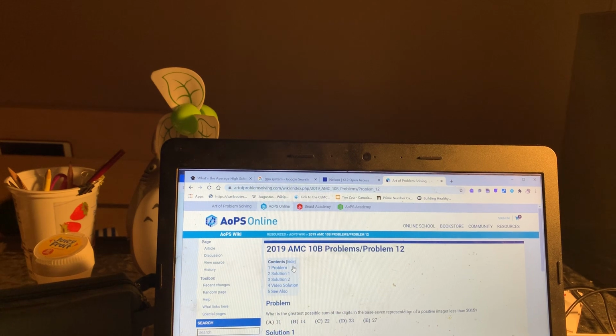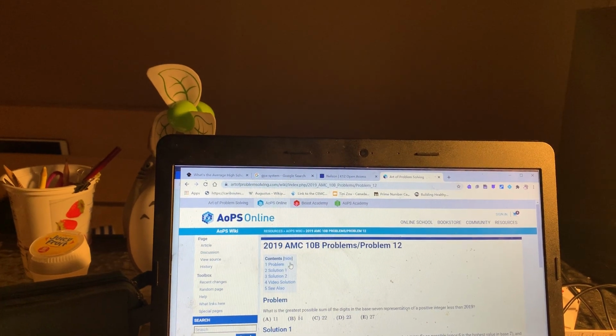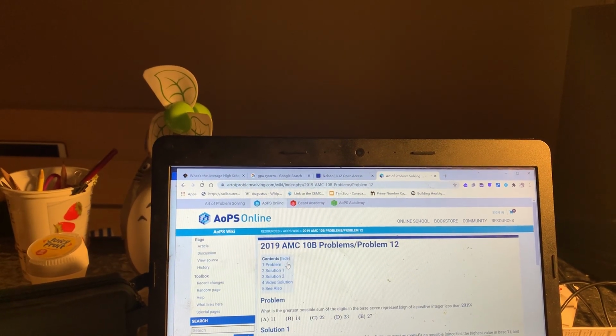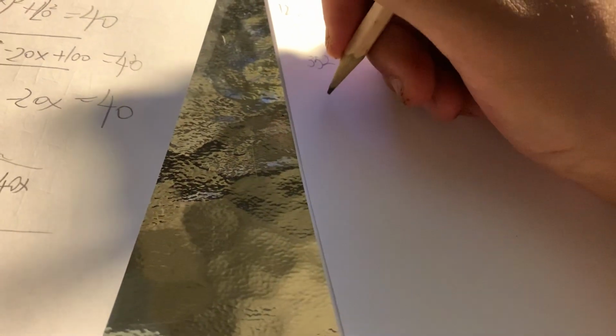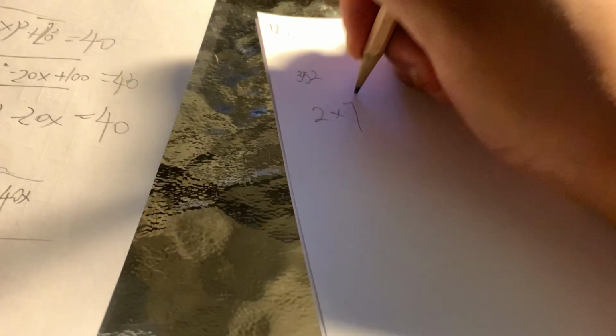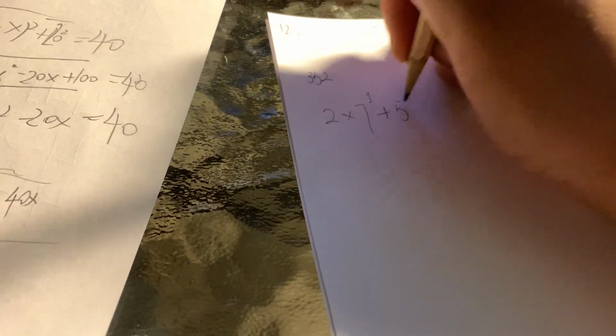Sum of the digits. Okay, base 7, right? How do we convert base 10 to base 7? Yes, it's like this.